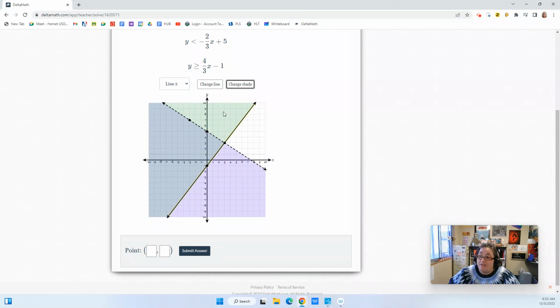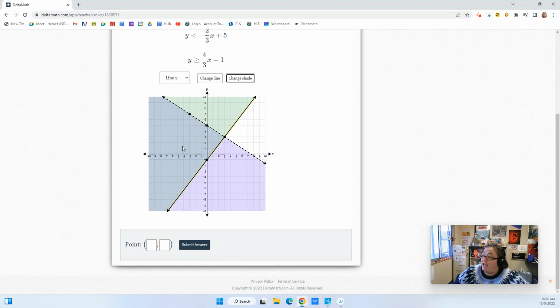So like this part isn't a solution, right? This green part up here isn't a solution and this purple part isn't a solution, but this grayish blue part is a solution, right? Everything in that grayish blue area is a solution to both, makes both of those true.